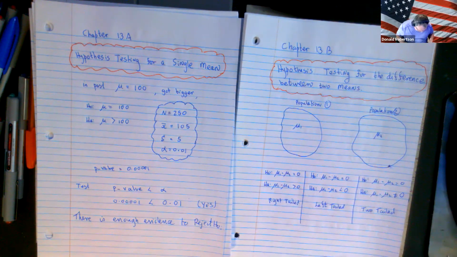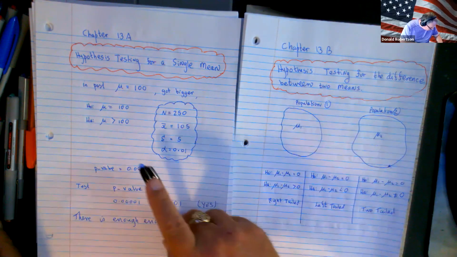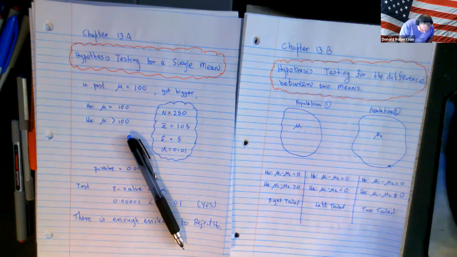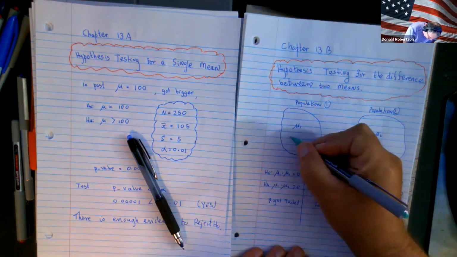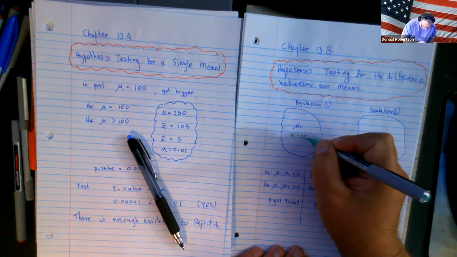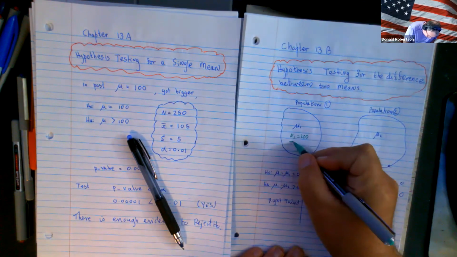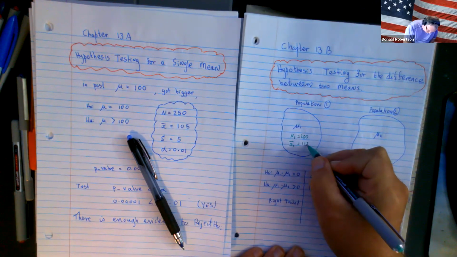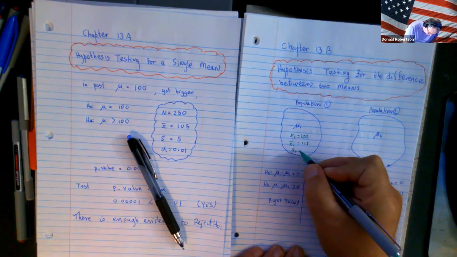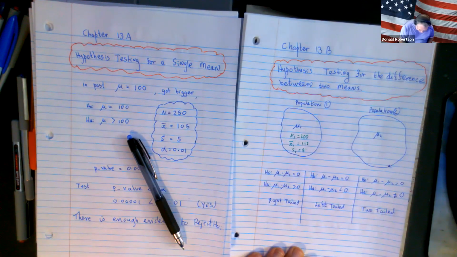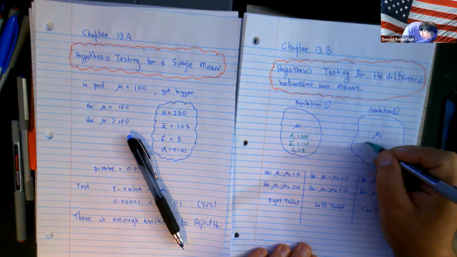So how do we get evidence? Well, we get evidence the usual way. We go and get a sample. And let's suppose I find N1, let's say it's 200 people. And I find that the mean was 112 and that the standard deviation was 8. And then we go over here and we do another group.